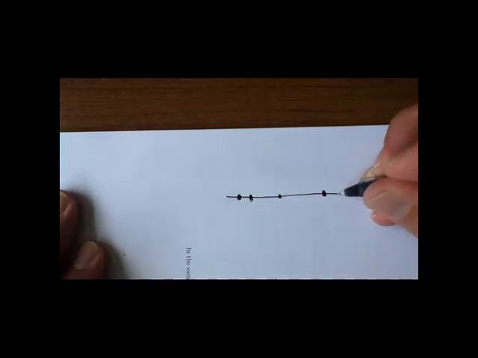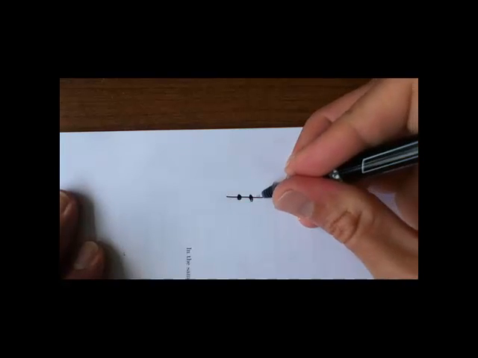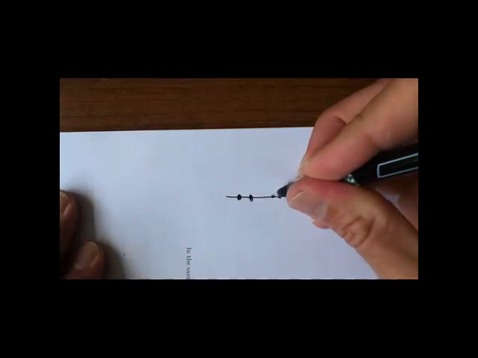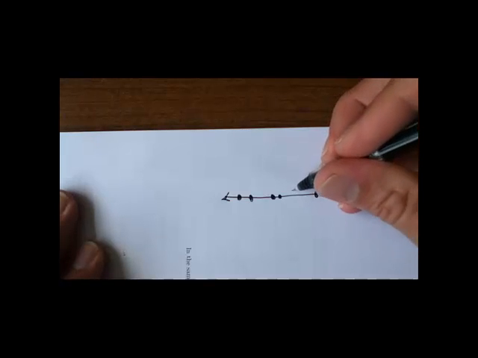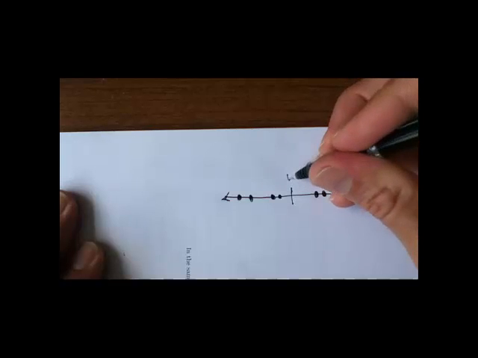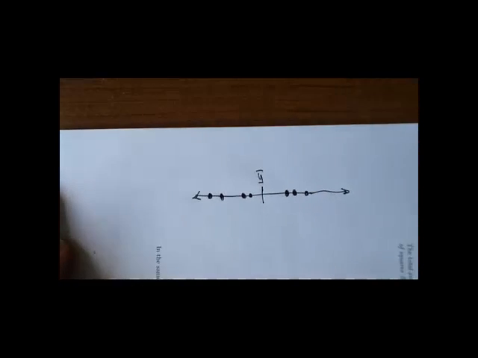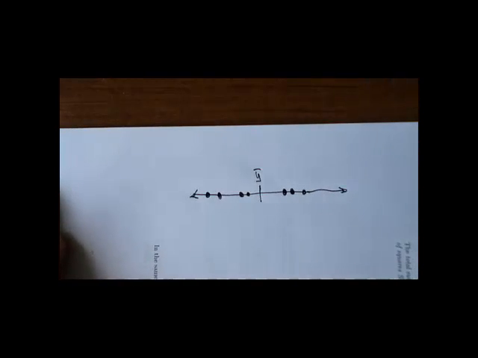It's a quantitative variable. Maybe we'll put another one right there, and one right there. We'll call this our y variable. Where's the mean here? I'm just eyeballing this. Probably right there. There's our sample mean.